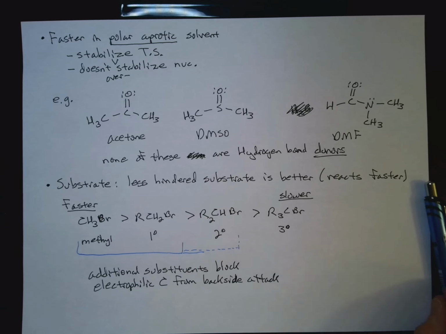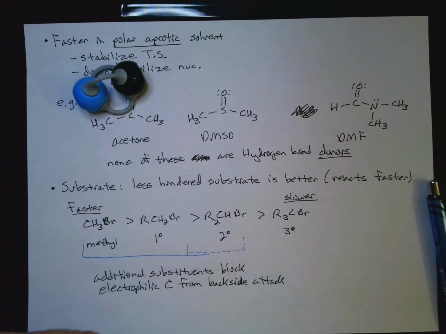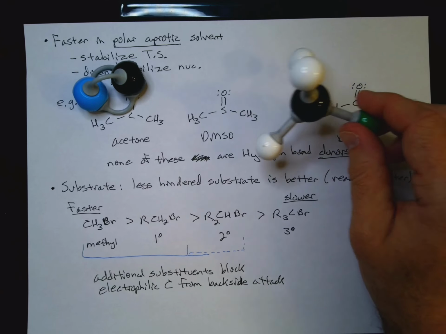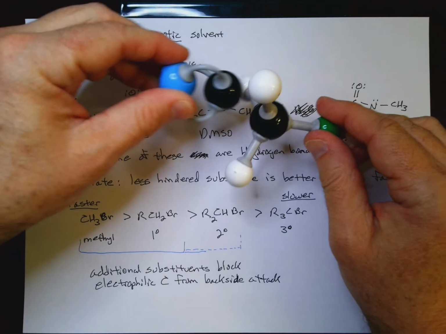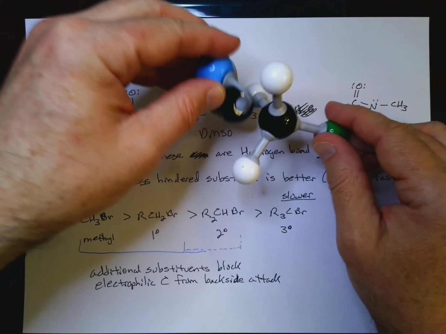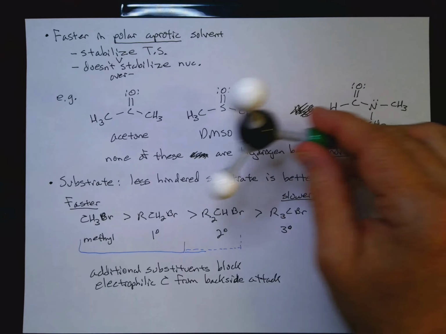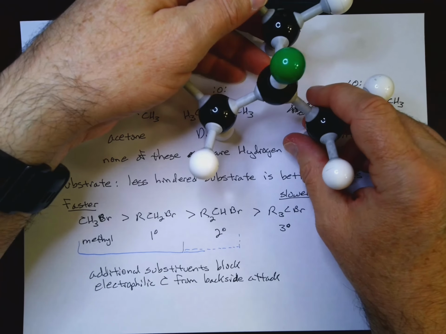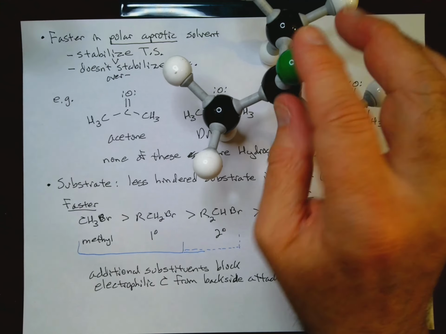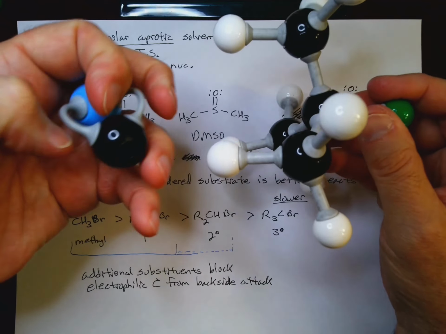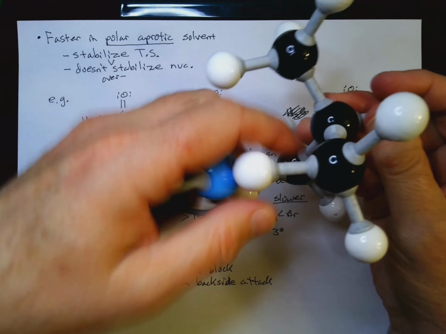So let's take a look at that. I have my cyanide nucleophile from last time, and I have my methyl bromide. We see this is nice and open, so easily accessible to the nucleophile, which can come in from maybe a slightly different angle. Here's t-butyl chloride, actually, the green is chlorine, sorry about that. Anyway, it's harder. There's more bulk here.